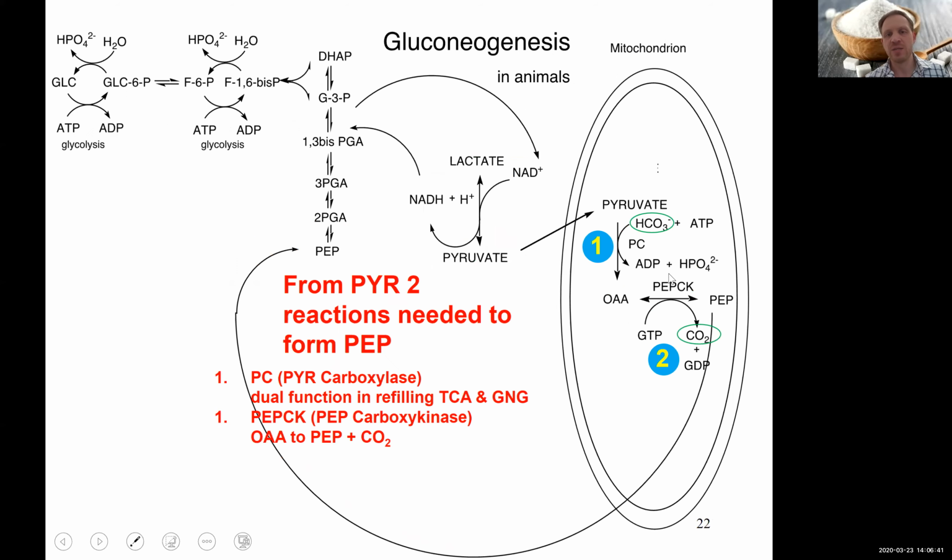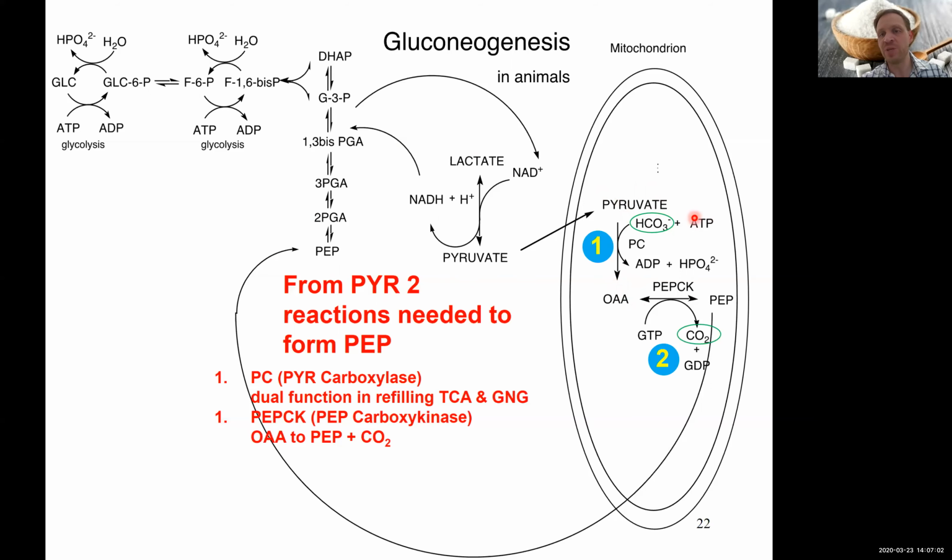All right, so what we actually do is we take pyruvate, currently in the cytosol, and we bring it into the mitochondria. So we're bringing it into a different compartment now to convert it. The first step we do is we take pyruvate now in the mitochondria and we convert it to OAA, right?